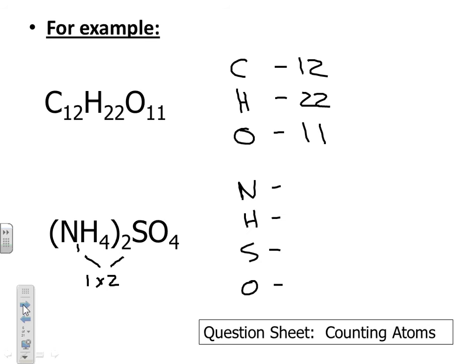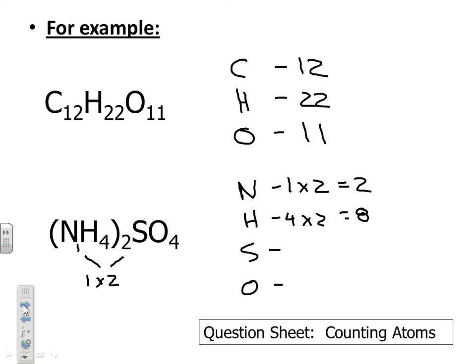You can even write that out here if you wanted, just to get yourself straight. 1 times 2, 2. All right, does that make sense? Okay. So then now the hydrogens, there's going to be 4 times 2, because there's 2 of those NH4s. There's going to be, obviously, 8.